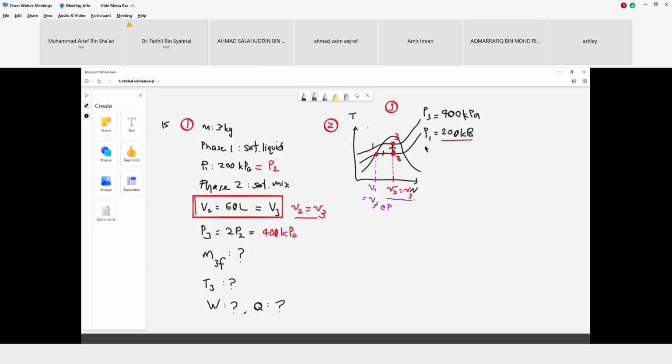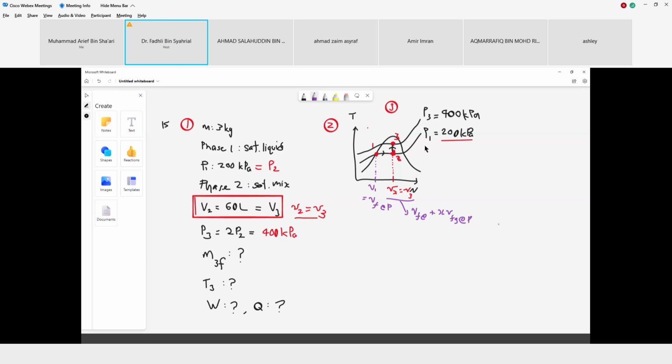So v2 and v3 here, since the state is a saturated liquid-vapor mixture, we can use the equation v equals vf at the given pressure plus x vfg at the given pressure.